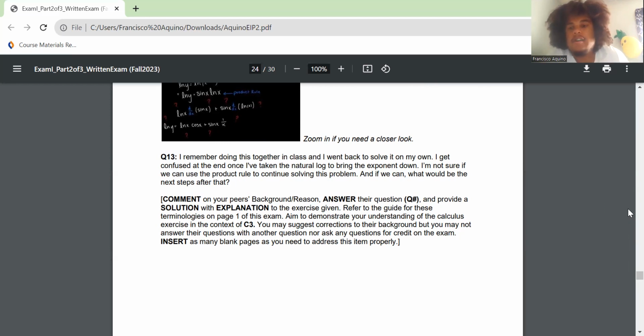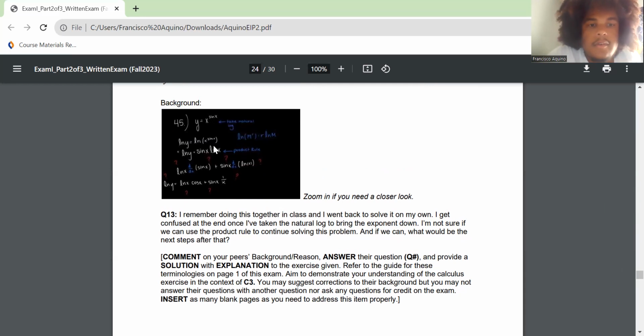After you've taken the natural log to bring the exponent down, you can use the product rule, because here sine x and ln of x are functions, and so according to the product rule, it would go something like this. You'd have the derivative of ln of y equal to sine of x times the derivative of ln of x, plus the derivative of sine x times ln of x.